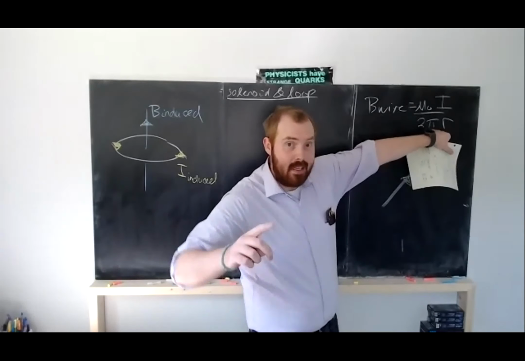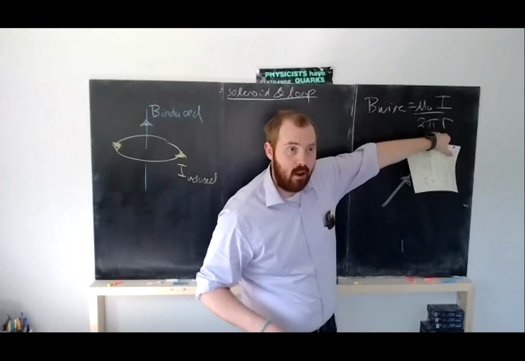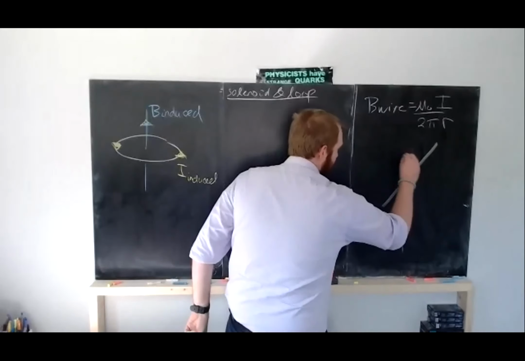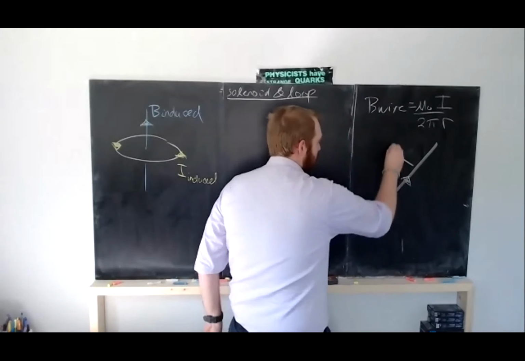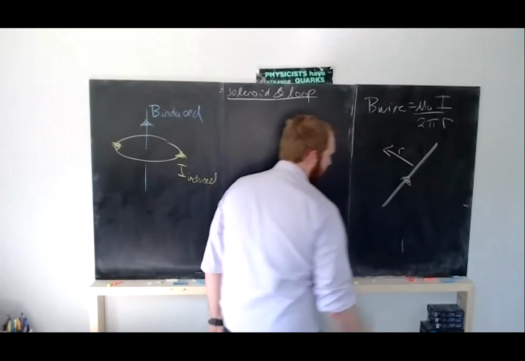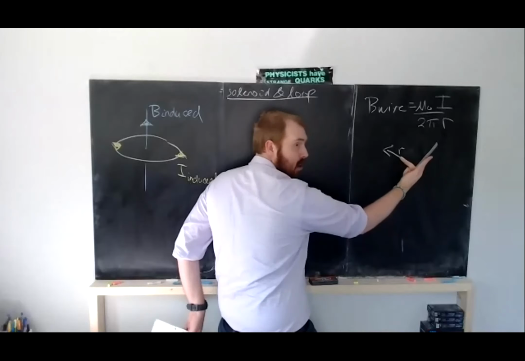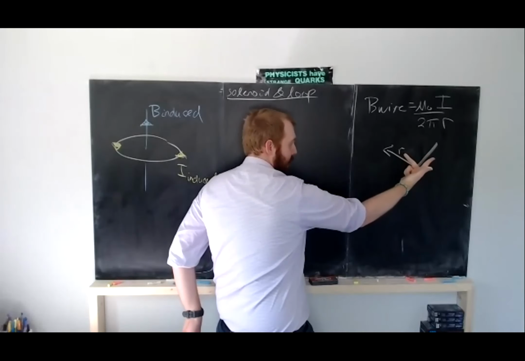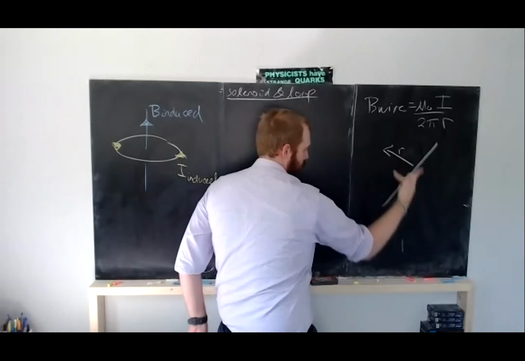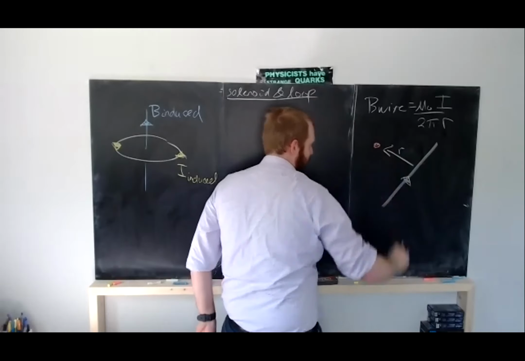R is the distance from the wire. How far away? If I measure to the left, I'm pointing to the left of the wire, and I find magnetic field coming out.